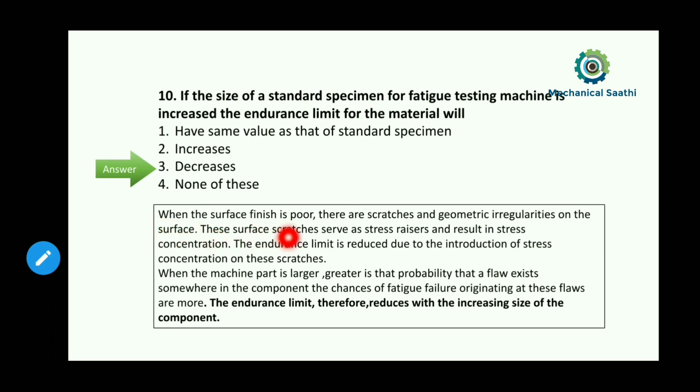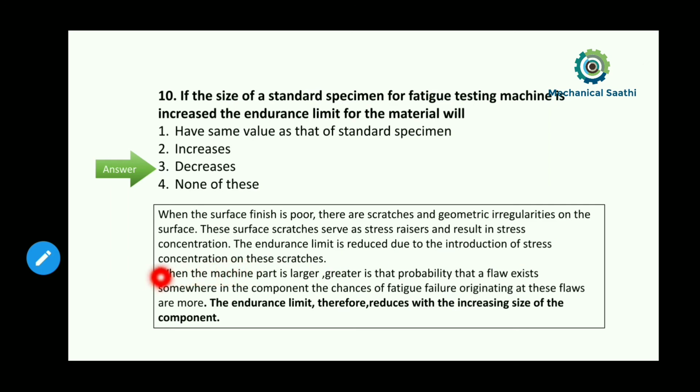These surface scratches serve as stress risers that result in stress concentration, and the endurance limit is reduced due to the stress concentration of these scratches. And when the machine part is larger, there is a greater probability that a flaw exists.